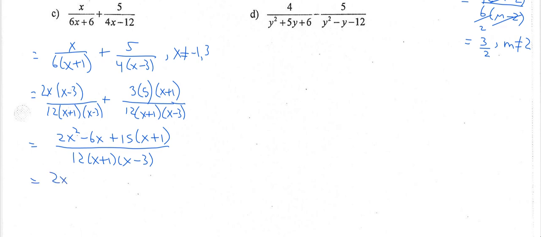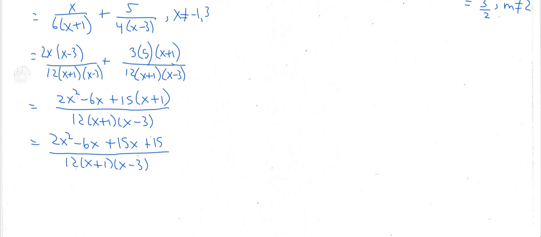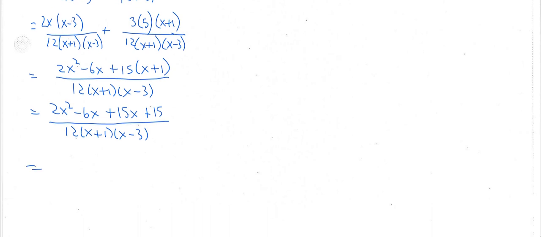This is 2x squared minus 6x plus 15x plus 15 over 12 x plus 1, x minus 3. And this is 2x squared plus 9x plus 15 over 12 x plus 1, x minus 3.